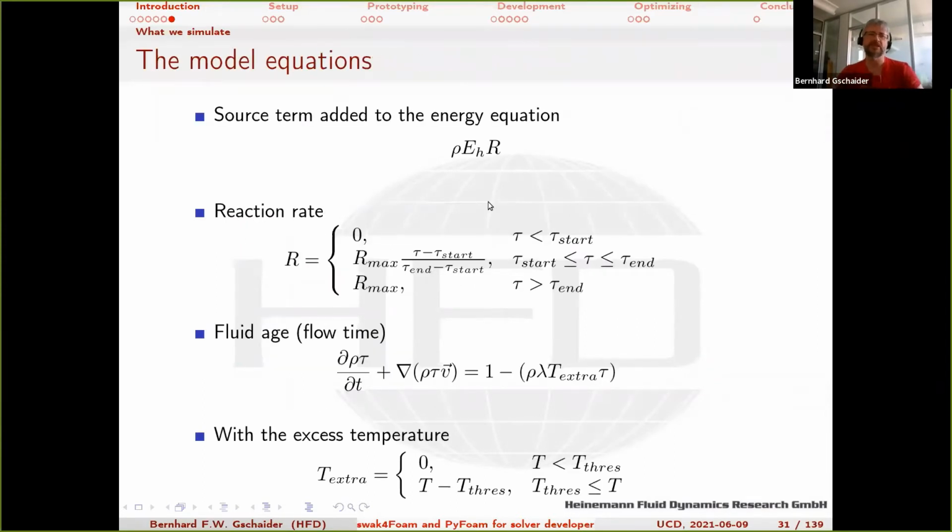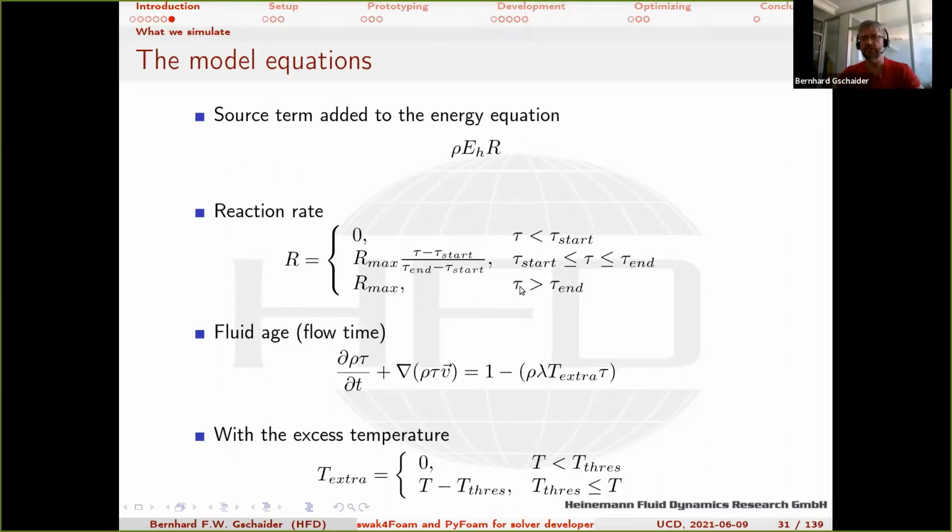So these are basically the equations that I'm going to implement later. Basically, I'm just going to add a source term to the regular energy equation, where there's a heating energy and the reaction rate R. The heating energy is a constant, and this reaction rate is 0 below a certain fluid age.